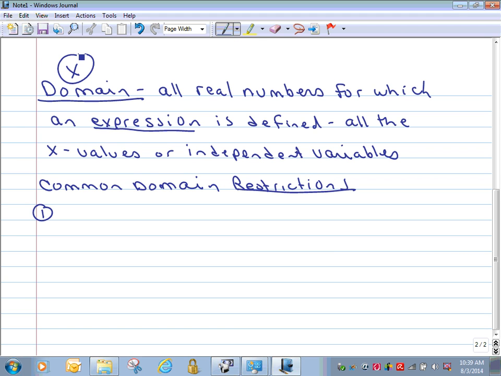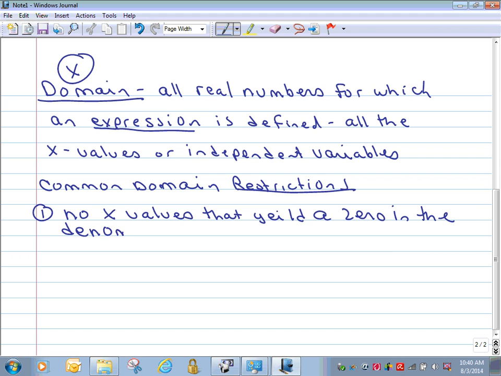In equations, when we look at equations, there are a few common domain restrictions, things that we know cannot happen. For example, one of those common restrictions would be you could have no x values that yield a 0 in the denominator of a fraction.